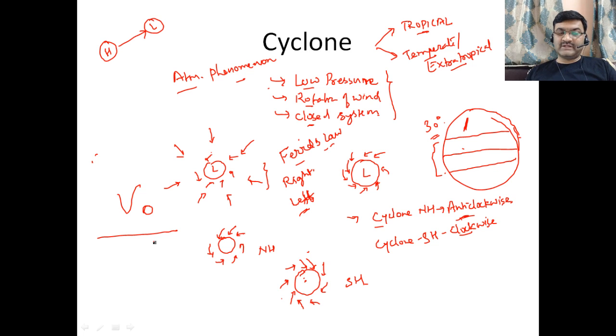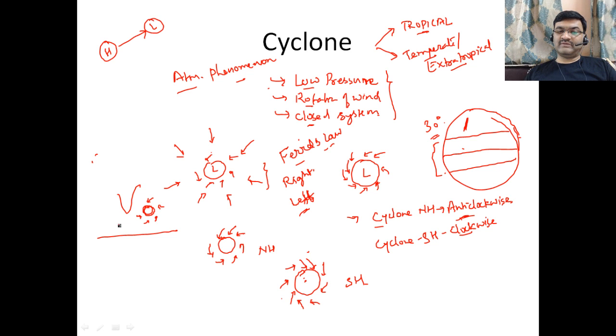If a cyclone is occurring in the Bay of Bengal, how will it rotate, clockwise or anti-clockwise? So it is above the equator, so obviously it will be anti-clockwise.